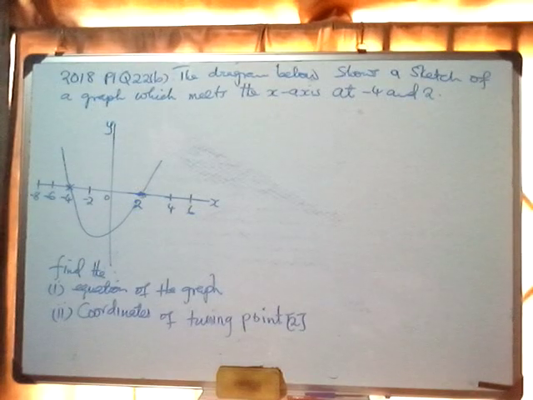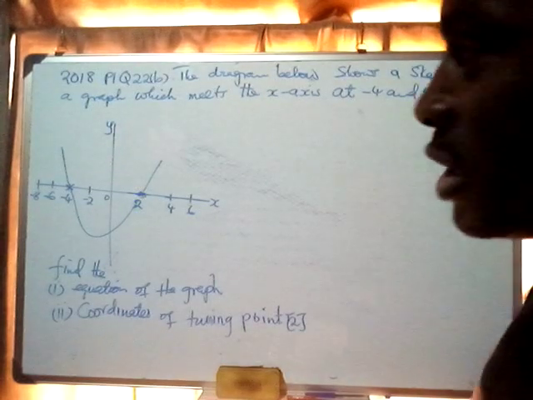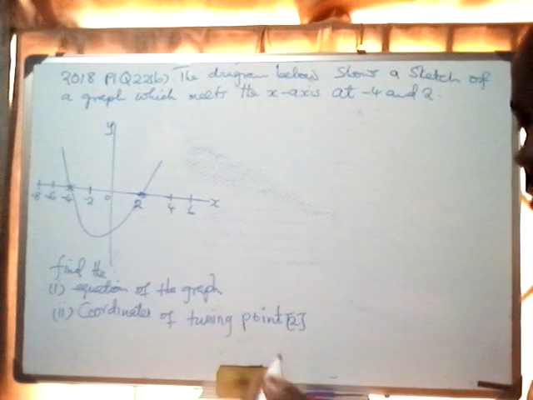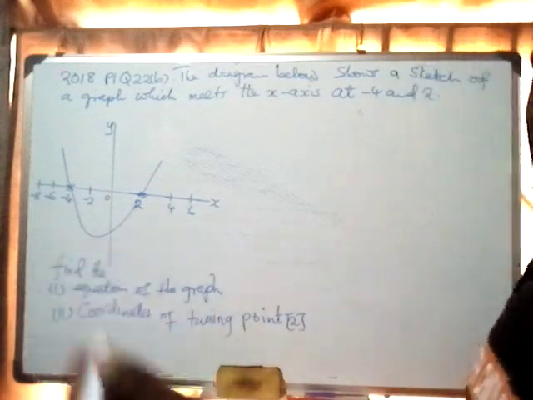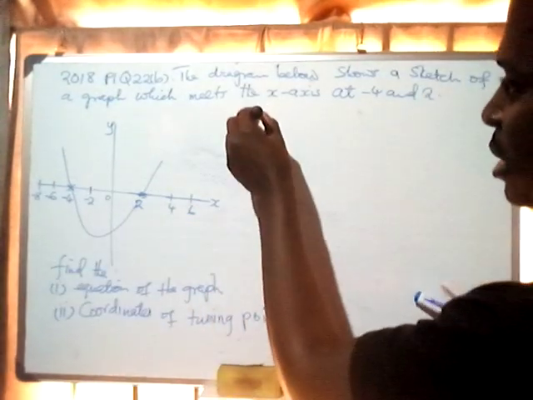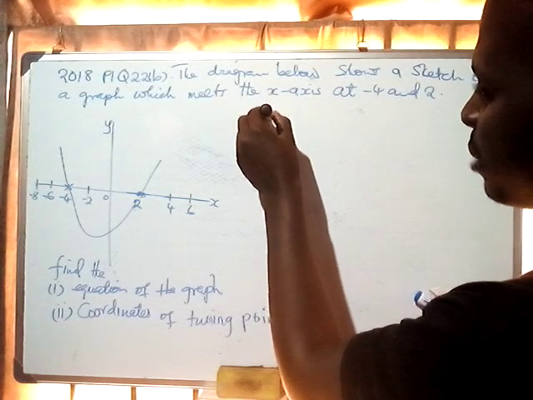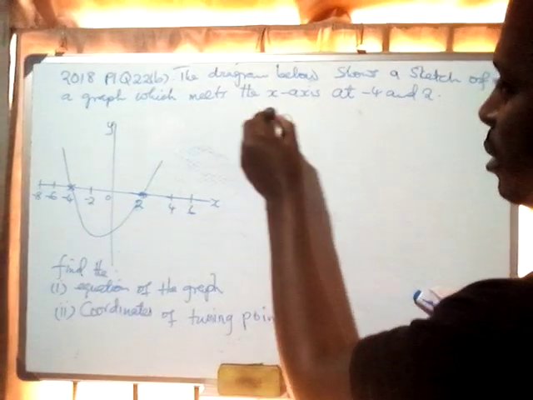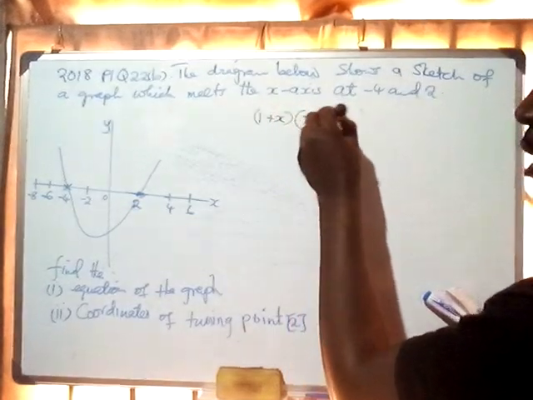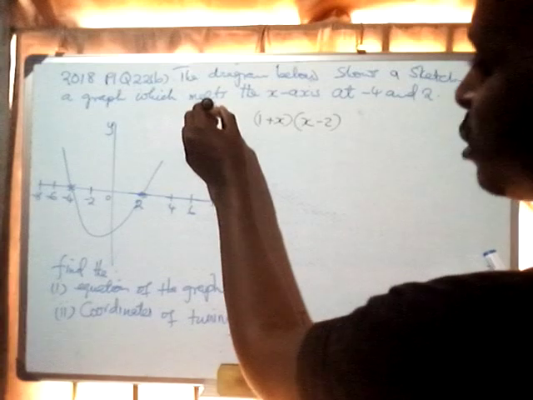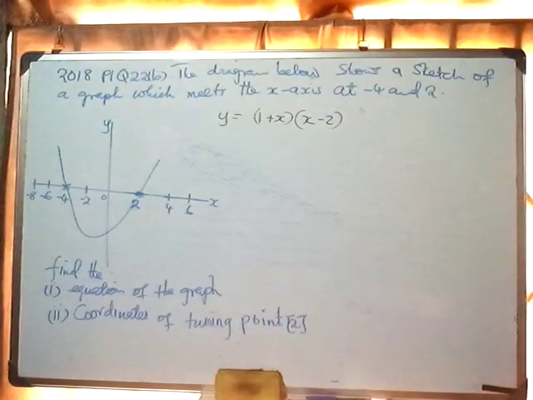Okay, we go to the next question. But before we go to the next question, let us look at the previous question, which has given us some challenges. It is supposed to be (1 plus x)(x minus 2). That is the way it was supposed to be, y is equal to this.